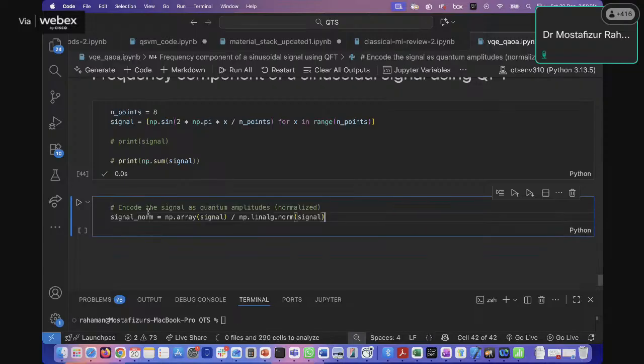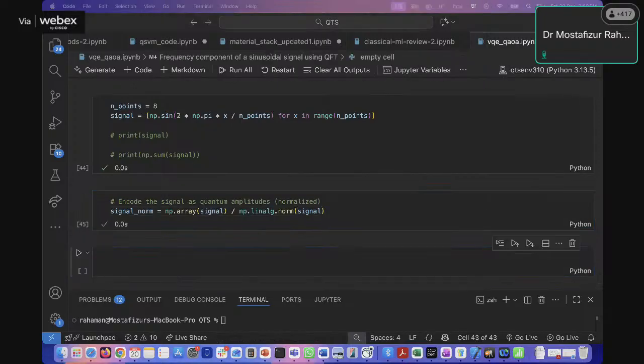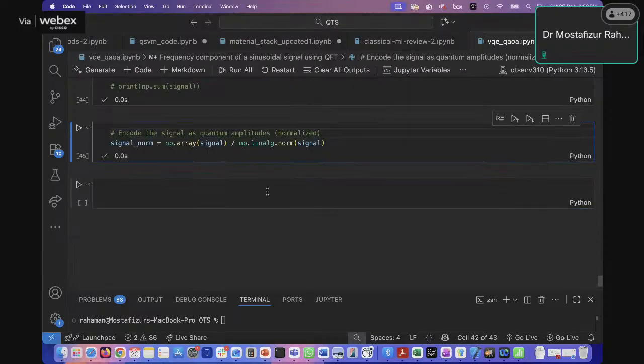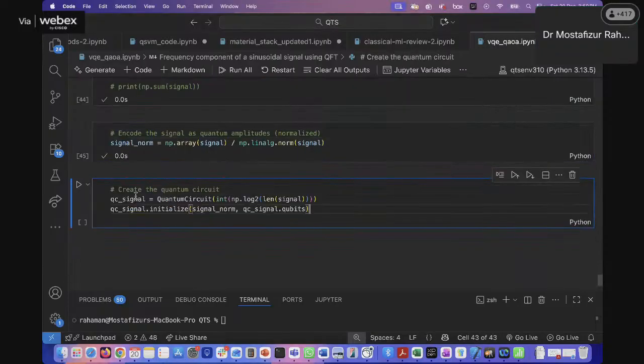So what we have to do first is find the norm of this signal, and then we'll normalize this particular signal. Then we'll encode the signal into a quantum circuit like this. So QC_signal is the quantum circuit for the signal. This way we can design it, suppose this is the name of our quantum circuit.